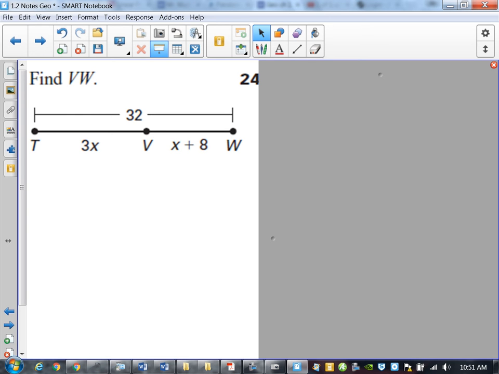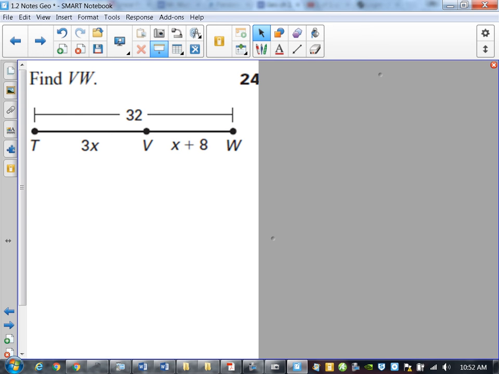Well, in order to find segment BW, you have to solve for what? X. Now, does this question say solve for X? No. It says find BW. So it's an algebra problem that you have to take one more step with in the end. You have to put it back into the equation to decipher which part you're looking for.